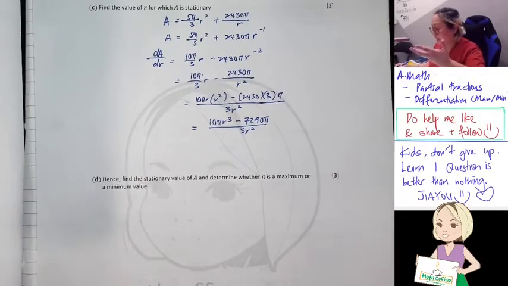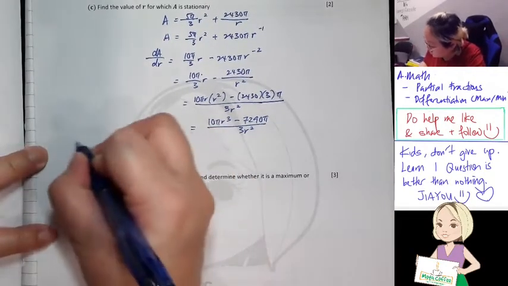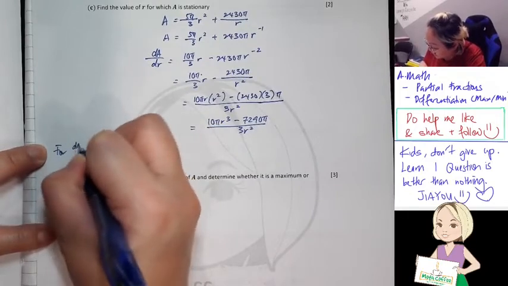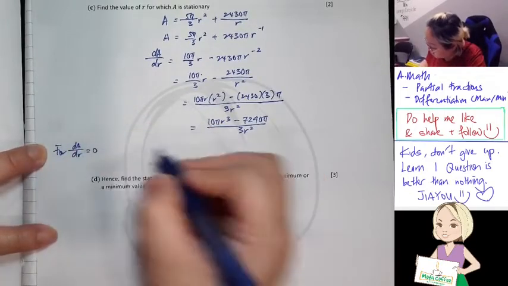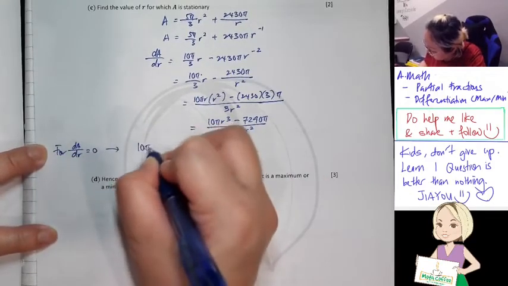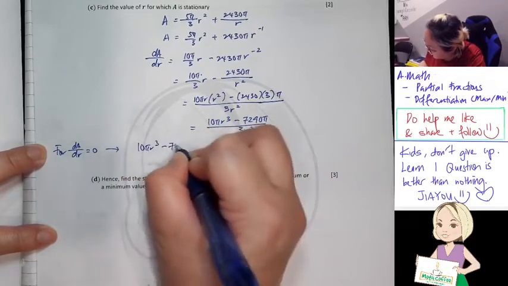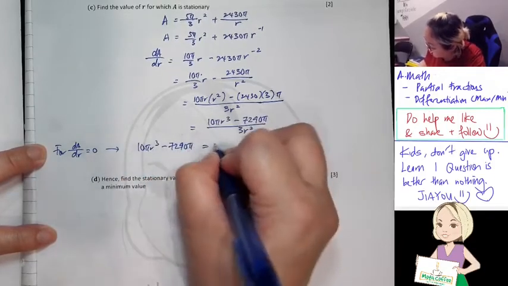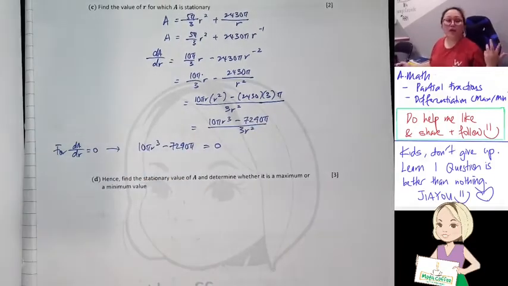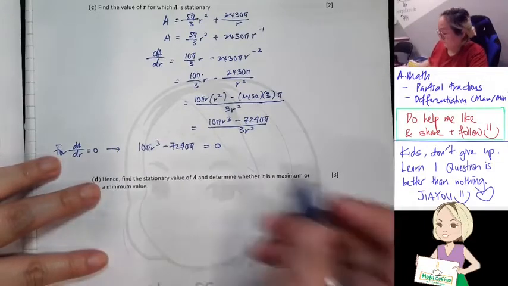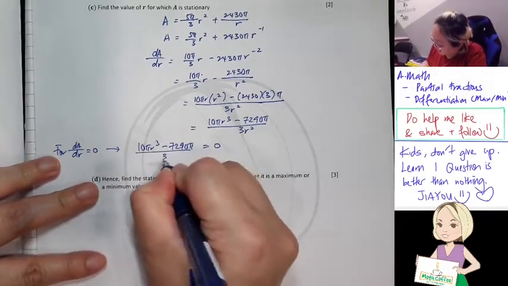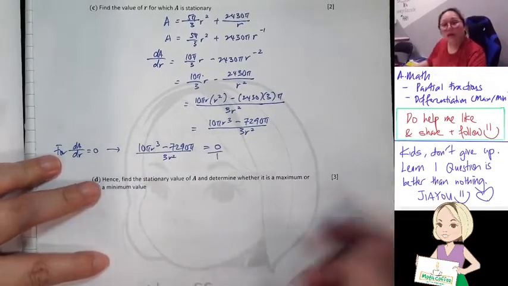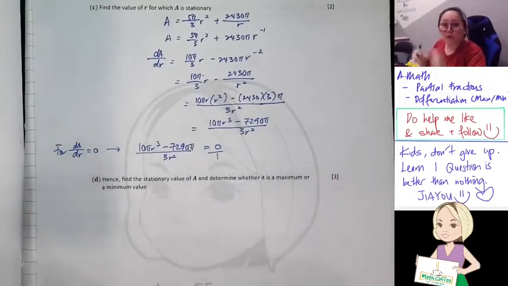Now we're going to do dA/dr equals 0. So we will know that for dA/dr equals 0, 10 pi r cubed minus 7290 pi equals 0. I shortcut. Okay, I put it like that. Okay, don't skip steps. Then I cross multiply, 0 times 3r squared will disappear.